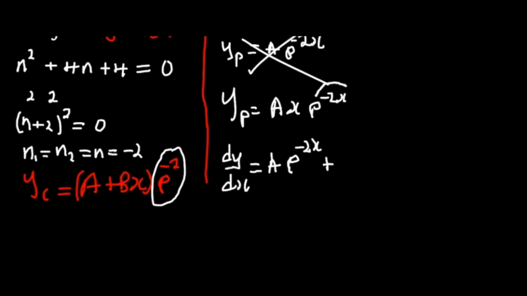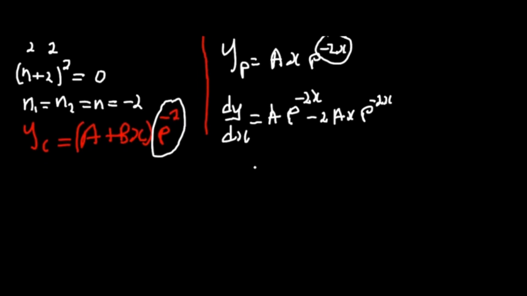When we differentiate minus 2x, we get minus 2. Therefore we're going to have minus 2ax e to the minus 2x. So I've looked for our first derivative.